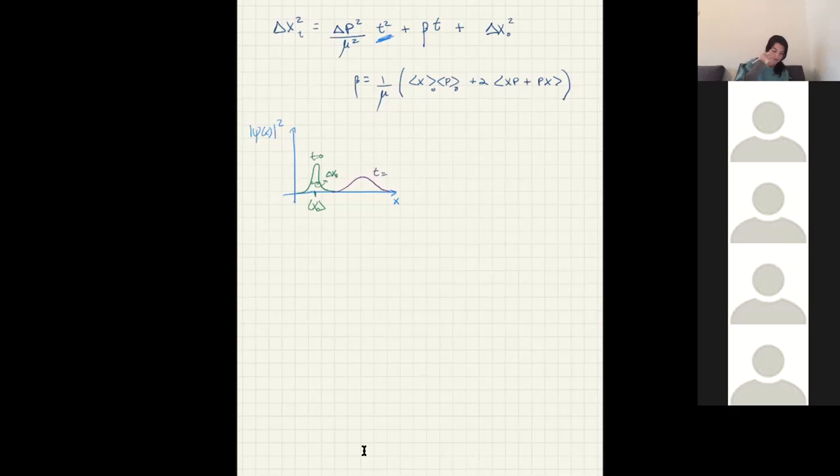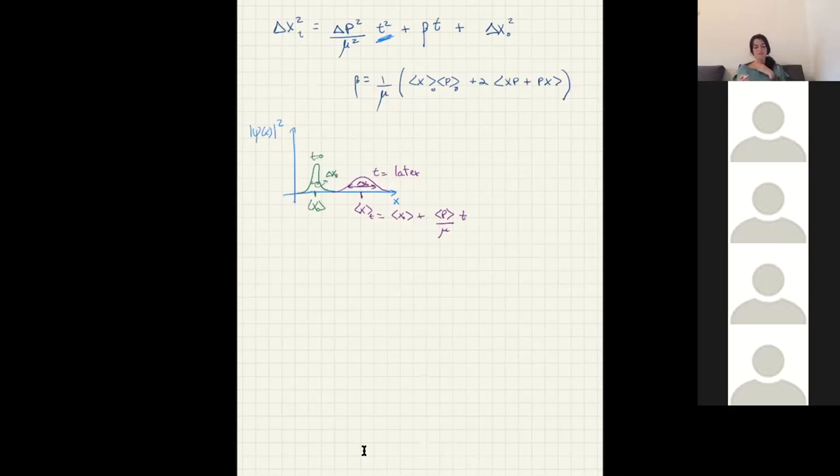So time larger than 0. Where here we have x of t, which is what? It's x0 plus p t. And this delta x of t is given by that thing up there.